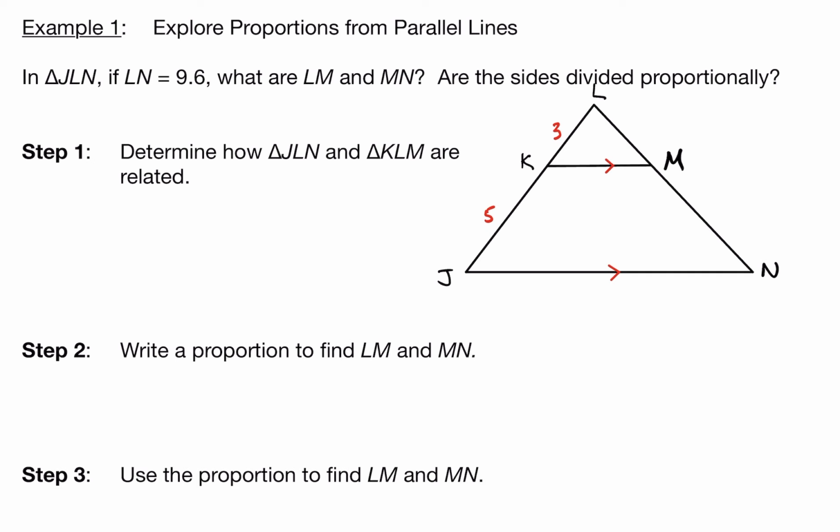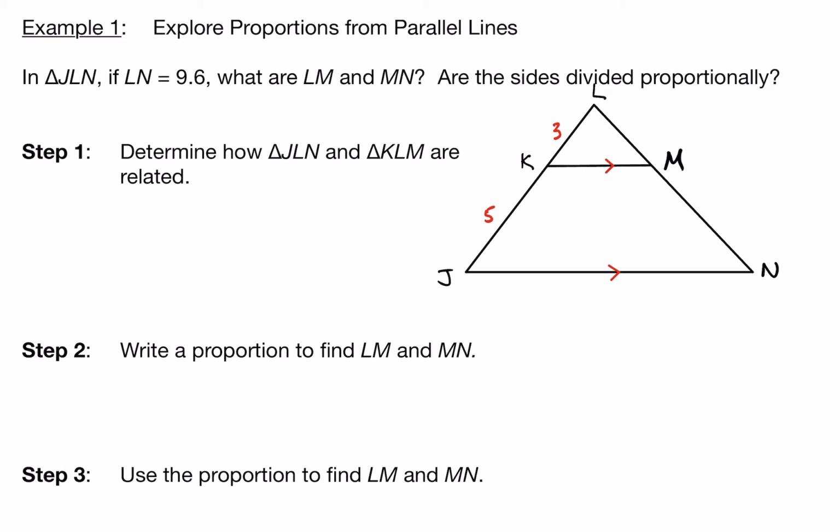And we need to determine if the sides are divided proportionally. So the first thing we want to do in step one is determine how triangle JLN and KLM are related. Notice that we have this big triangle here, and then we also have this small triangle as well.